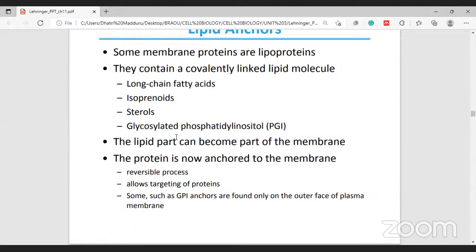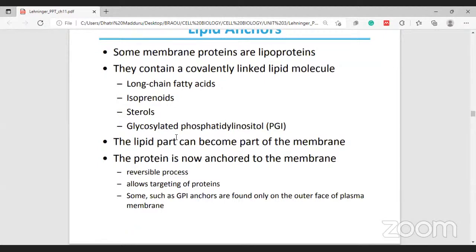And the lipid part becomes a part of the membrane, and the protein is anchored to this membrane. So that can be a reversible process. We can also remove it. This allows the targeting of the protein. If it is fixed to a particular membrane through a lipid, it is easy to target.